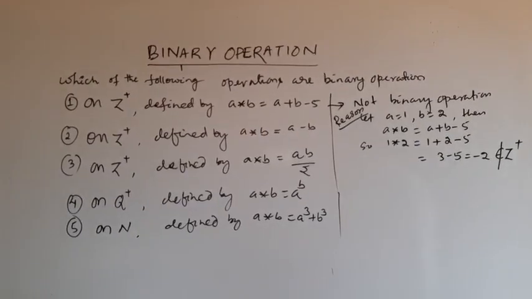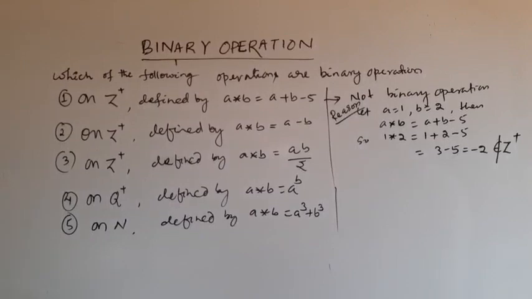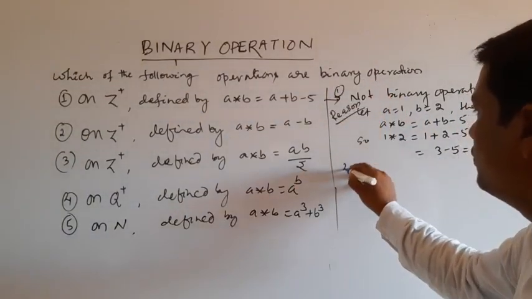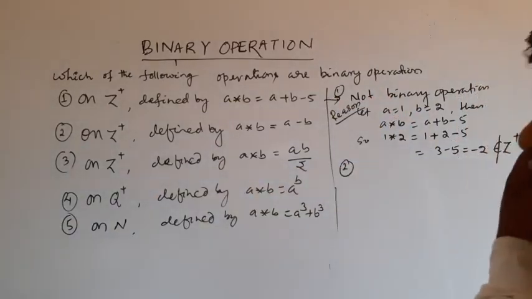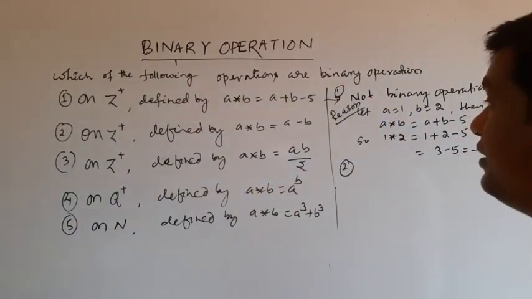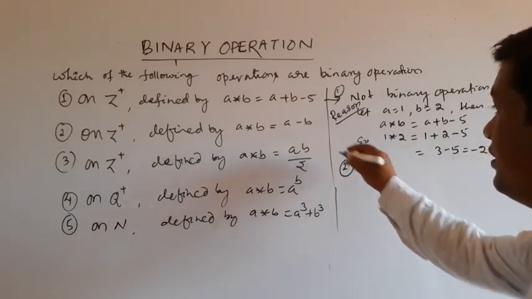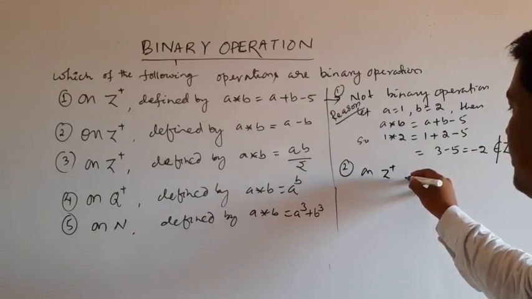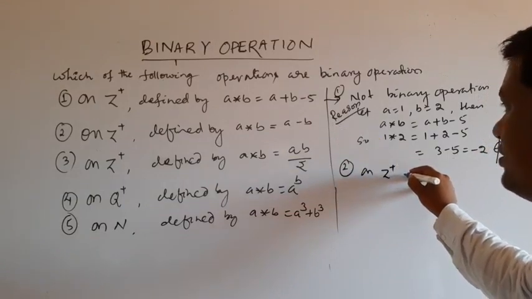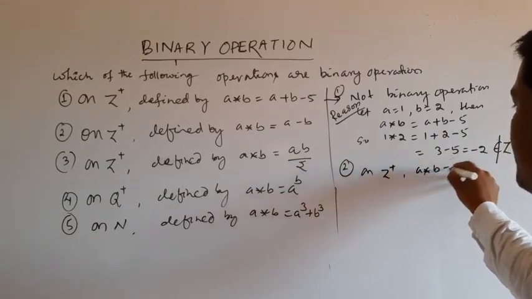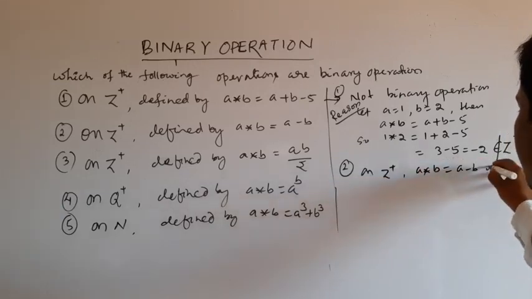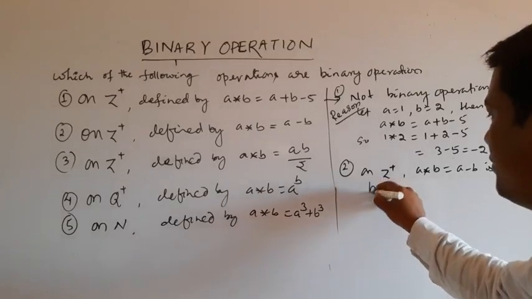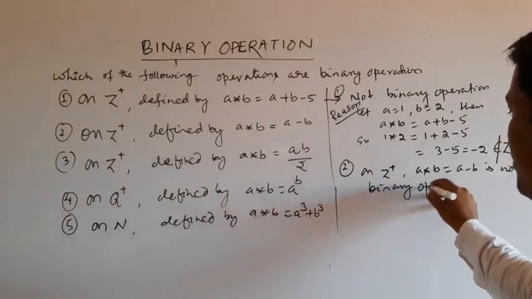Now question number 2. On Z plus, defined by a star b is equal to a minus b, it is not a binary operation.